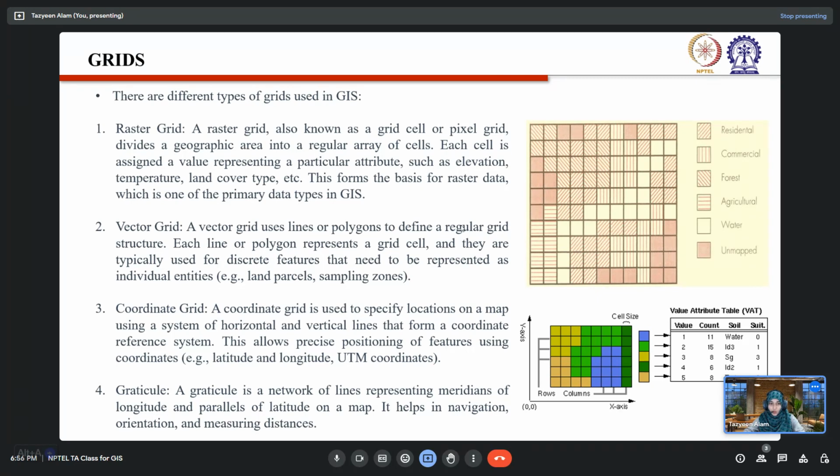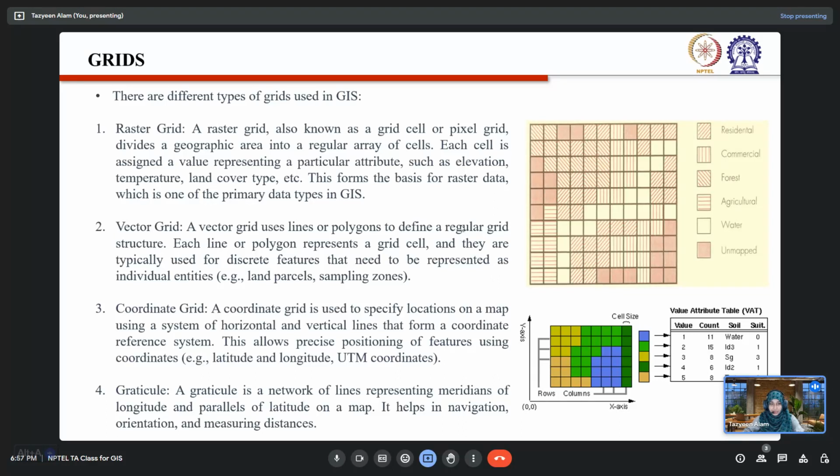The second type is your vector grid. I'm sure you've heard of this vector grid as well because we have explained vector data several times. In case of a vector grid, it uses a combination of lines or polygons, or maybe just one single type of entity, and it defines a regular grid structure.